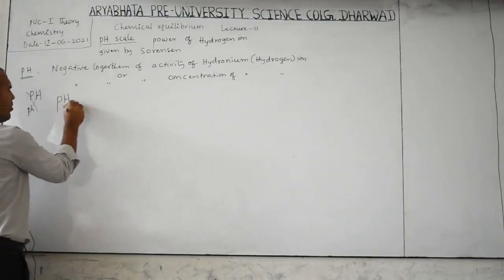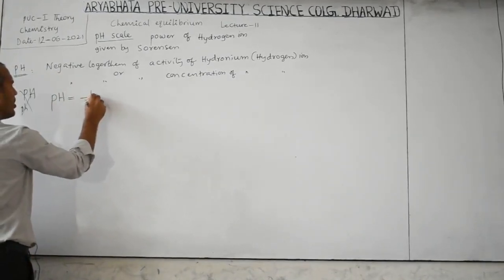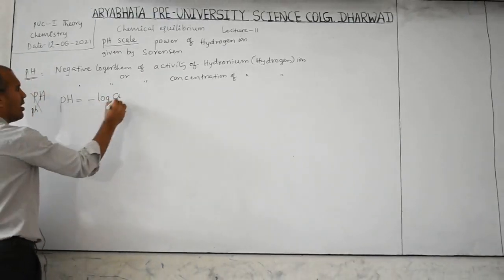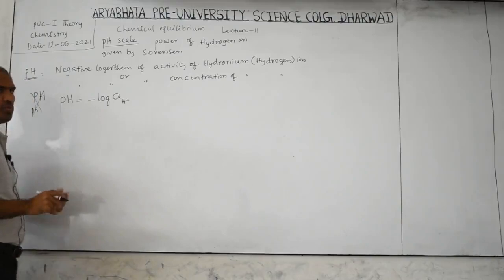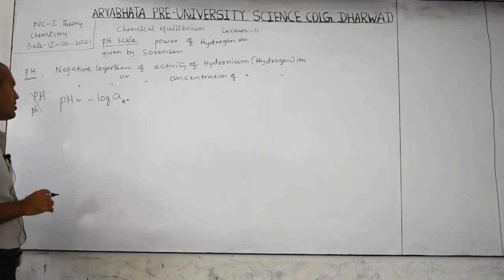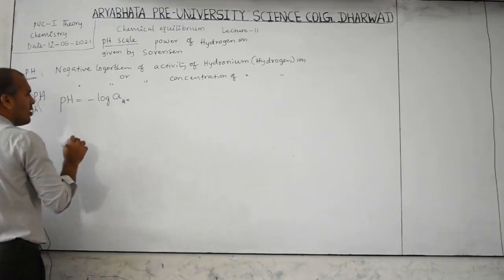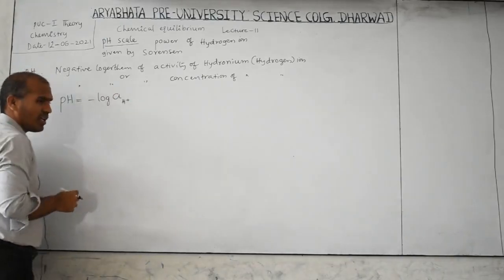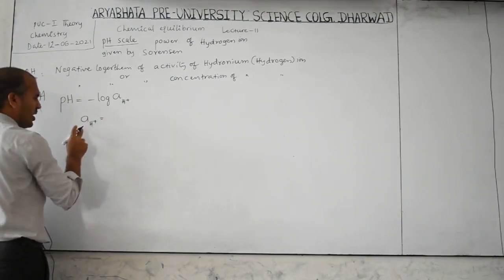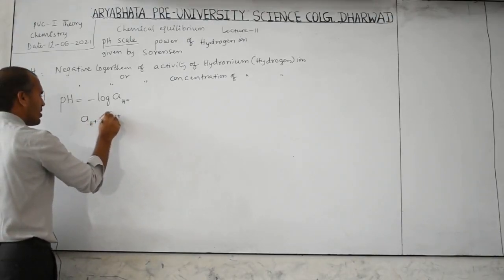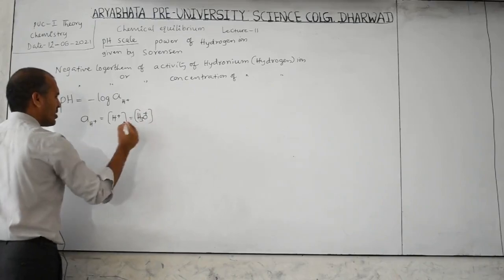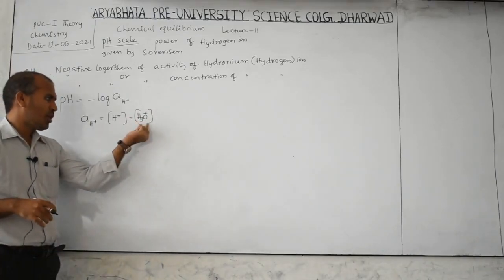According to this definition, pH is equal to the negative logarithm of activity, denoted by a, of H plus. Why is another definition given? Because the activity of H plus ion is equal to the concentration of H plus or H3O plus ion. Both are the same, so you can write hydronium ion or H plus ion.